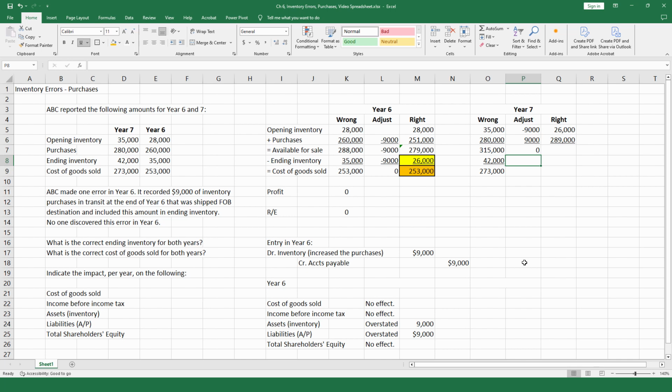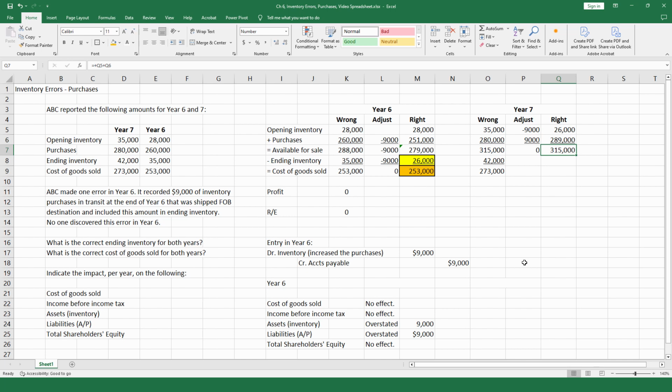That means my adjustment to the available for sale is 0. And if I take my correct opening inventory of 26,000, add in my correct available for sale of 289,000, that means my available for sale is 315,000. So there is no error in the available for sale.